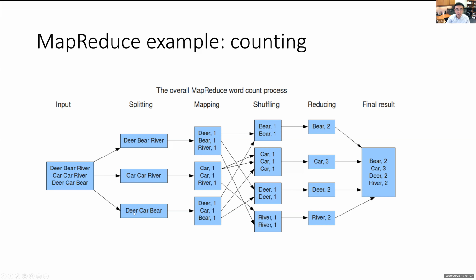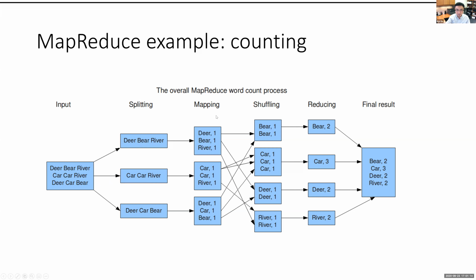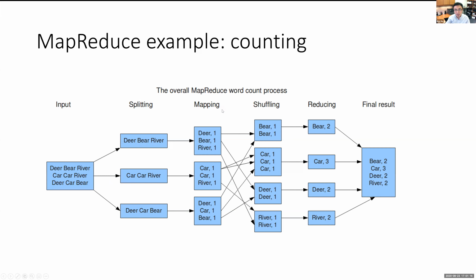For each block, I have some information. And then I map them onto worker computers, and I start to run this counting algorithm. So I know for block one, I have 1 deer, 1 beer, 1 river. For block two, I have 1 car, another car, and a river, okay?